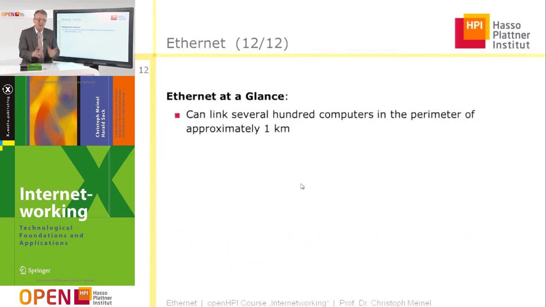To summarize Ethernet technology, it's necessary to have one fixed idea of such a local area network technology before we start to discuss Internet technology. So, Ethernet at a glance. Ethernet can link about 100 computers in a perimeter of approximately 1 kilometer.